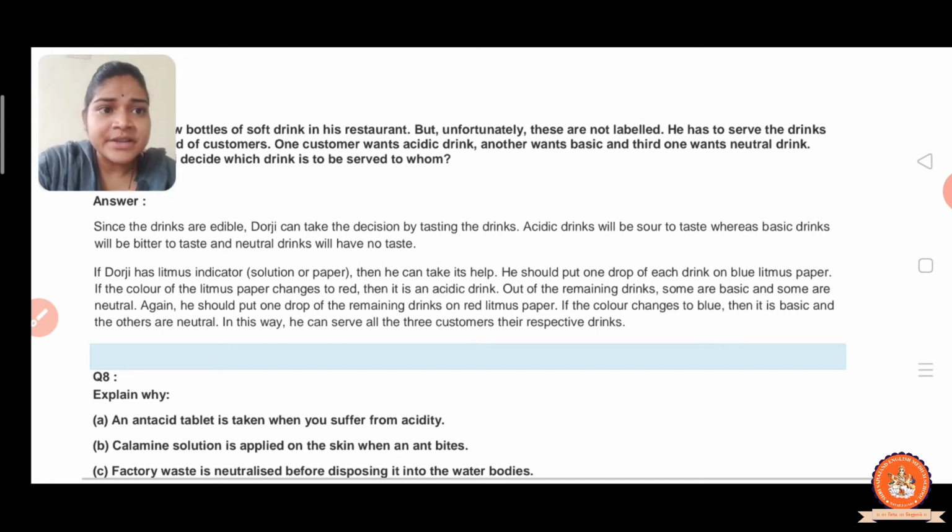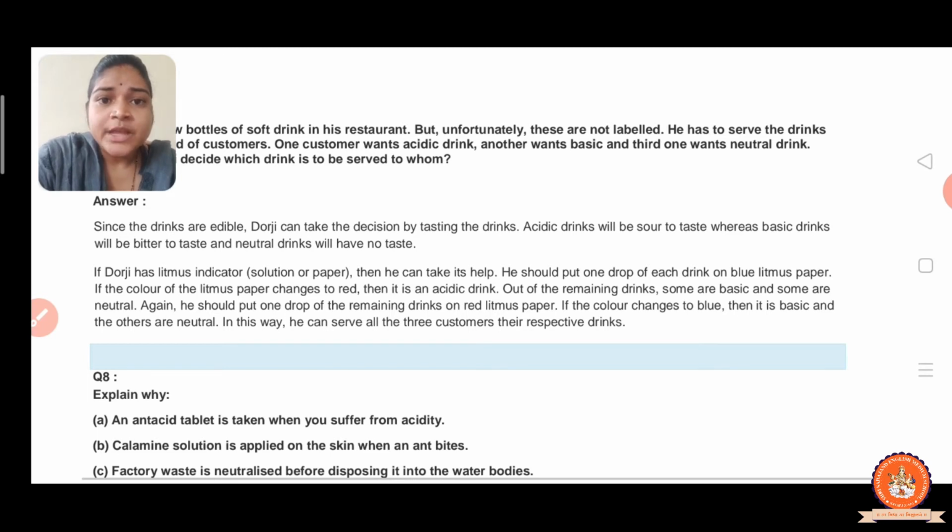The acidic drink will taste sour, whereas the basic drink will taste bitter and the neutral will have no taste. This is one method, and the second one is to use the litmus indicator. Through the litmus indicator they can identify the acidic, basic and neutral drink, right?